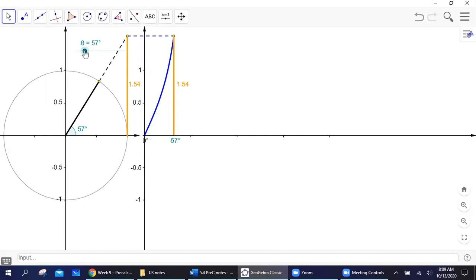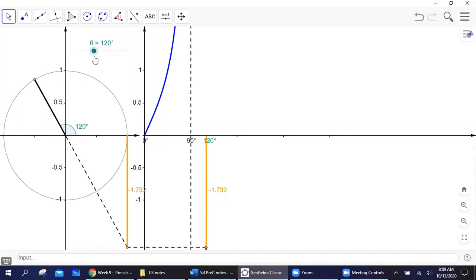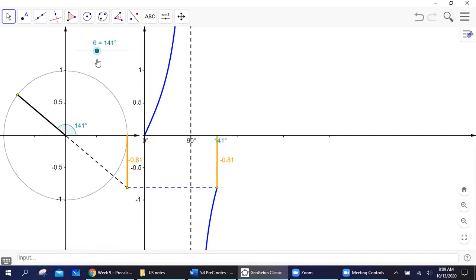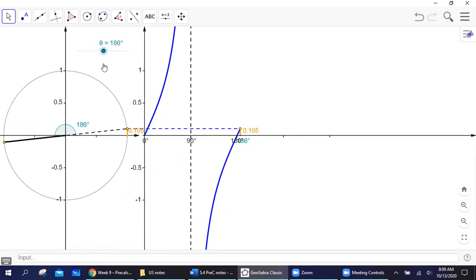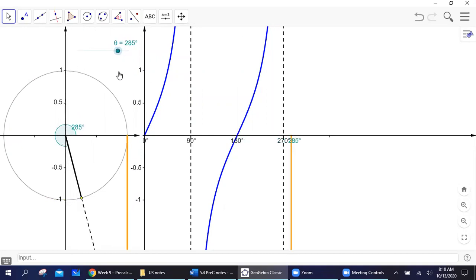What's happening then is the tangent is getting bigger and bigger and bigger, and it actually approaches infinity. At 90 degrees, there is no tangent. It's undefined, so there's an asymptote there. You'd have division by 0. And then this just keeps repeating this low to high kind of wave.